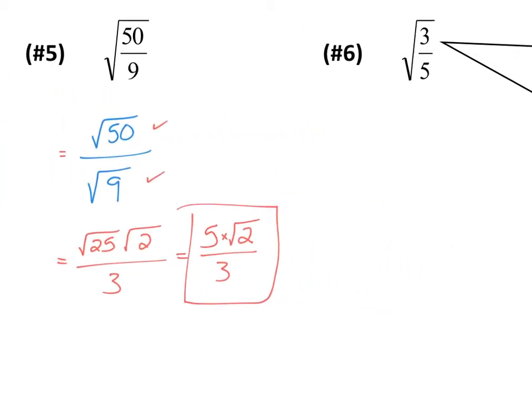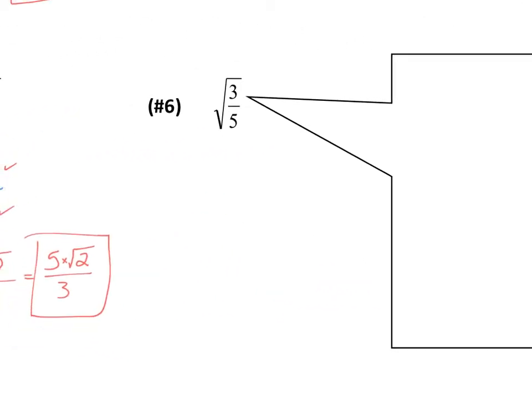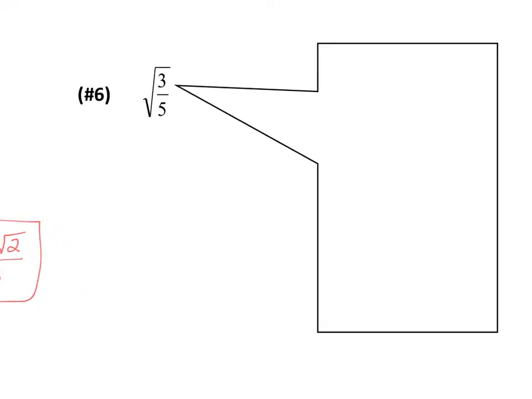Okay, the last type of problem you'll see is when we have a fraction, and when we break this apart into 2 radicals, like the square root of 3 divided by the square root of 5, they don't break apart and they don't simplify.